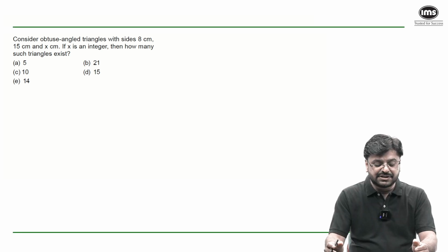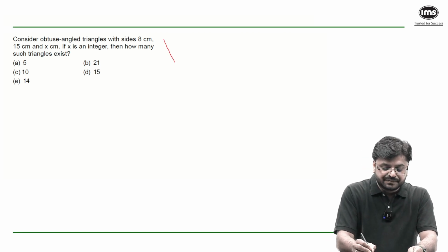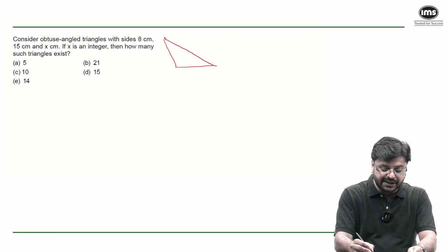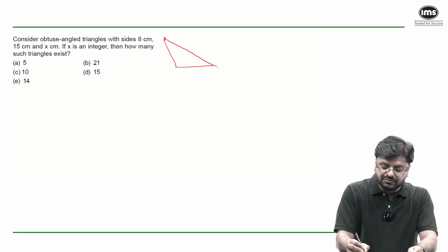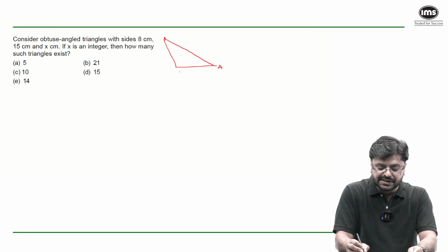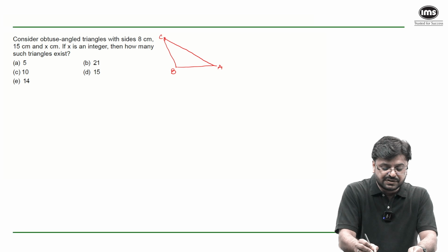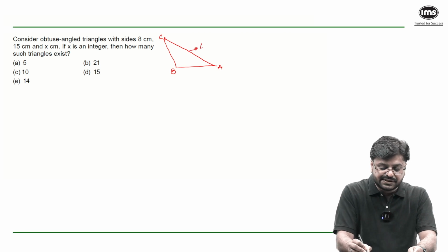Next question says, consider obtuse angle triangles with sides 8, 15 and x centimeters. If x is an integer, then how many such triangles exist? For an obtuse angle triangle, where one angle is more than 90 and less than 180, if we take this as A, B, C, here this is the largest side.